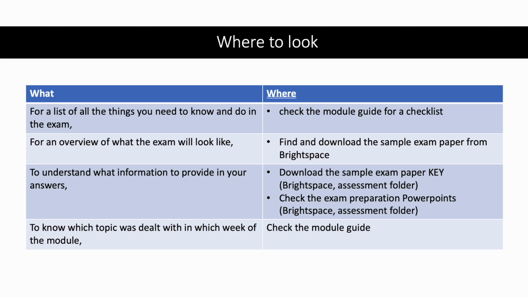To understand what information to provide in your answers, download the sample exam paper key on Brightspace. Check the exam prep PowerPoints on Brightspace. These will show you examples of what you need to write on the exam. And to know which topic was dealt with in each week of the module, check the module guide on Brightspace.